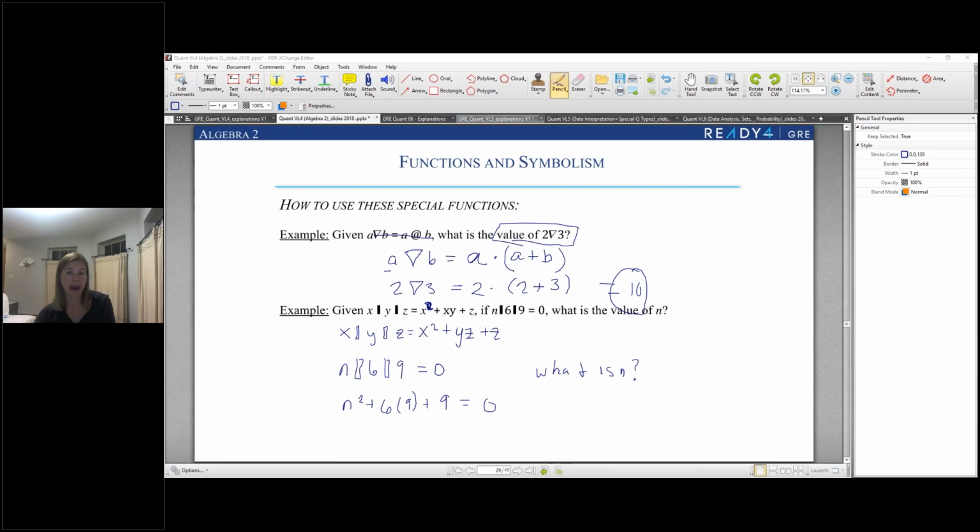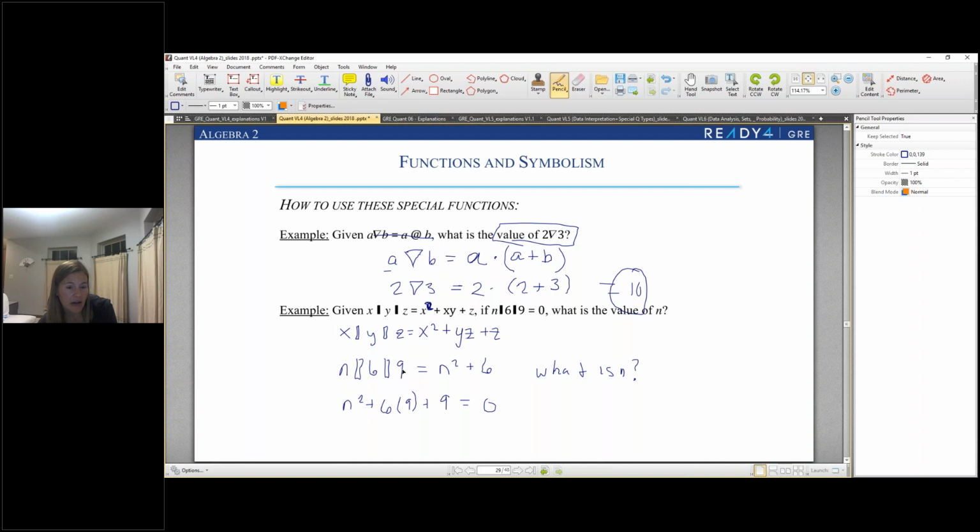Okay, so this one is a little bit strange, but let me take this here for a second. So if X bar Y bar Z is equal to X squared plus YZ plus Z, I'm just going to plug in here. N bar 6 bar 9 would be, I'll plug in N anywhere the X was, so it's just here. I'll plug in 6 anywhere the Y was. That's just one place.